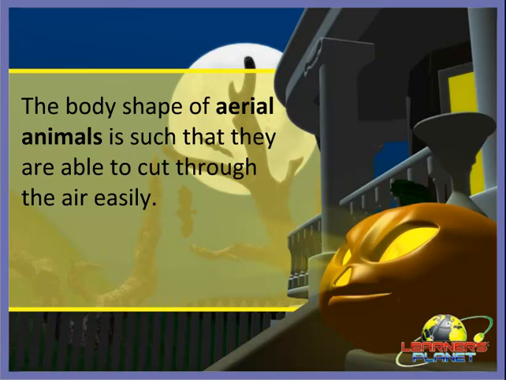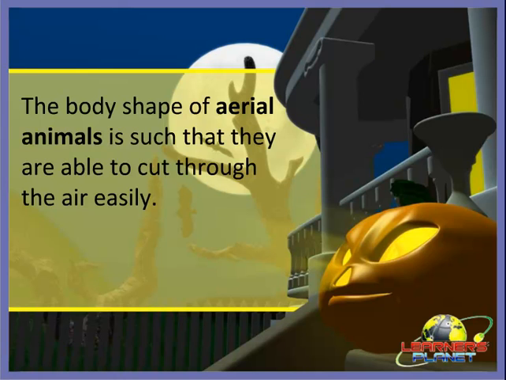So almost all the birds except flightless birds belong to this group, that is aerial animals. So always remember children, almost all the birds are aerial animals except the flightless birds which belong to another group, right?